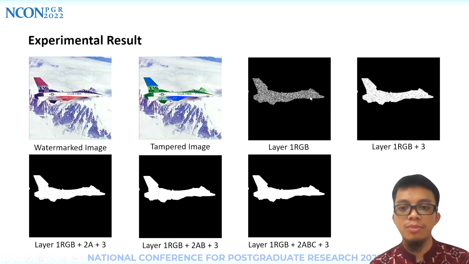It shows that it performed 50% of the time, so 50% of the time the tamper is detected, while the other 50% of the time the tamper is not detected. And then we employ the first layer and the third layer, and it produces a better result. And then we employ the first layer, the third layer, and 2A. It produces a better result. In the end, if all the algorithms are implemented, then we find a better tamper localization as shown in this image.